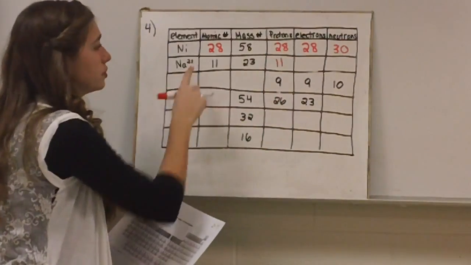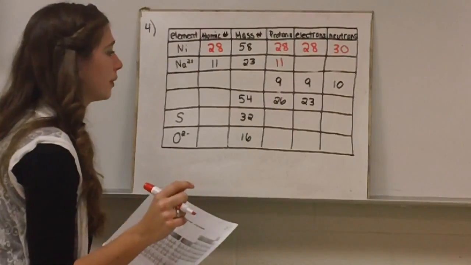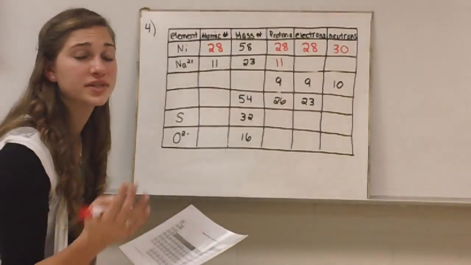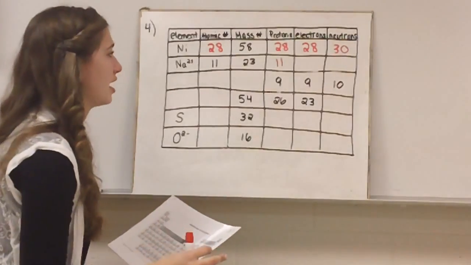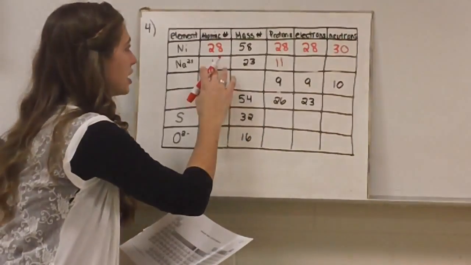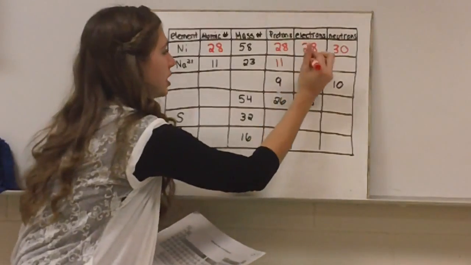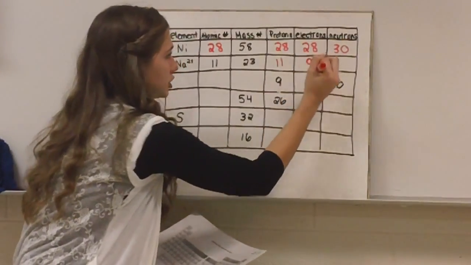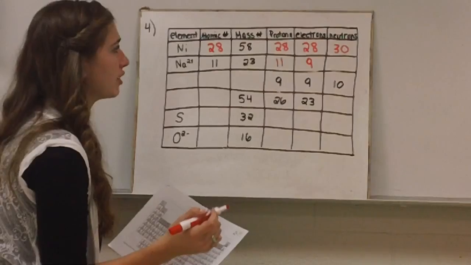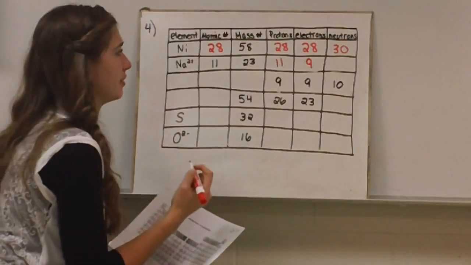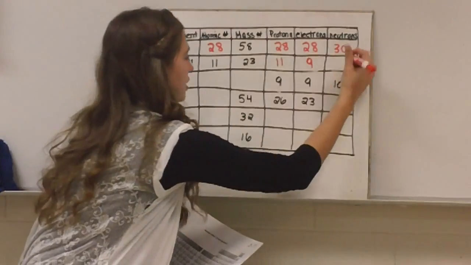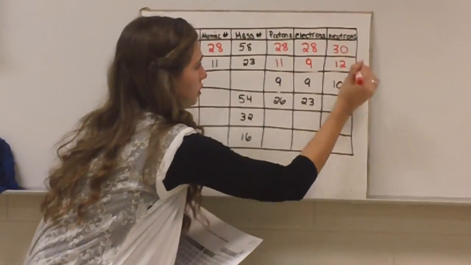But now we have a 2+. If you remember, when we have a positive charge, we're subtracting electrons because there's more positive charge in that atom. So if we subtract 2 from our number of protons, that's going to leave us with 9 electrons. Now, in order to determine neutrons, we do mass number minus atomic number, and that is going to give us 12 neutrons.